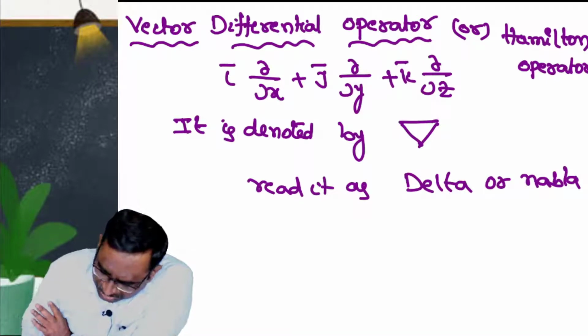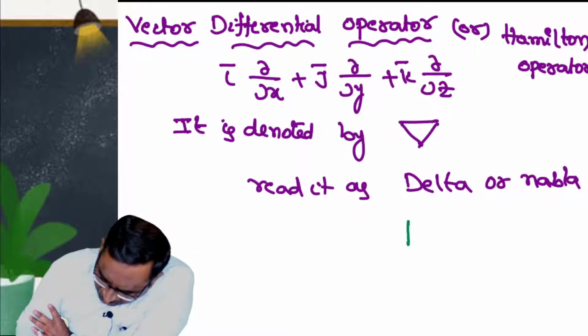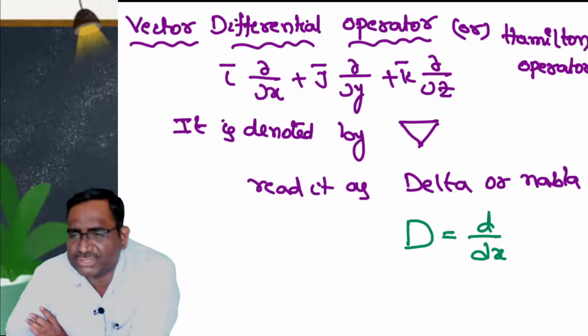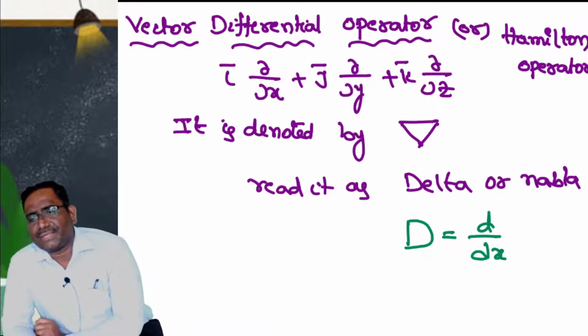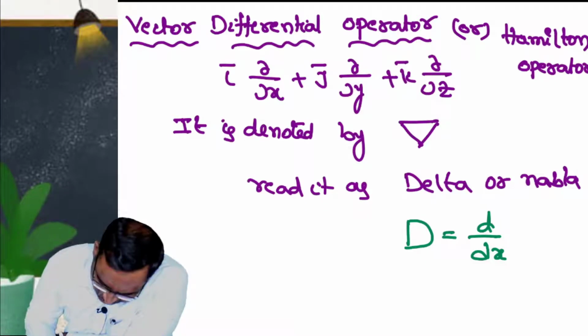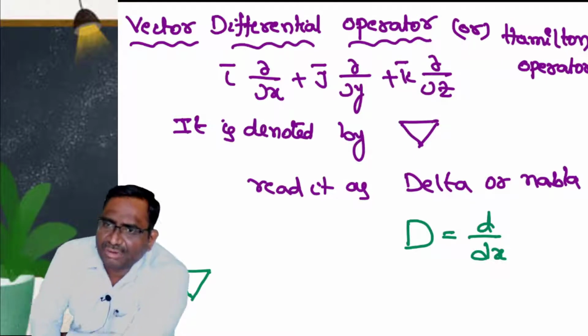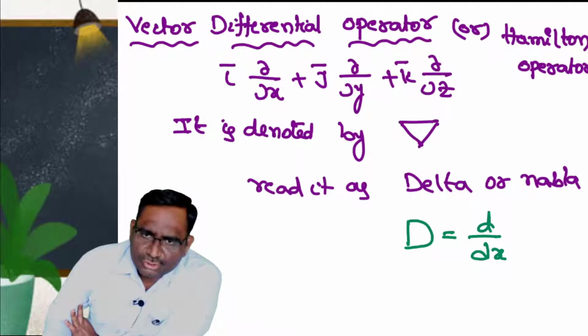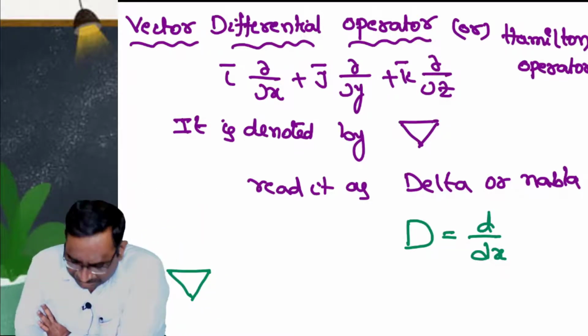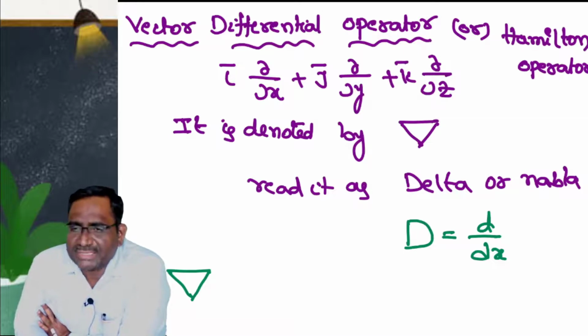Generally, we take an operator D, which is equal to the differential operator d over dx. In the same way, this operator is called the vector differential operator. It is called del or nabla.